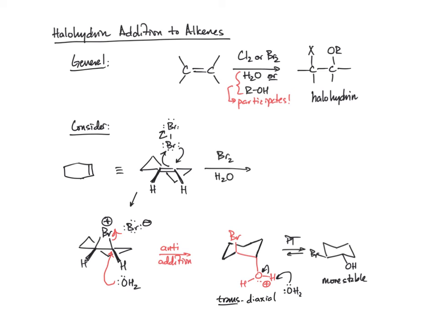To convert this into the flat cyclohexane, we have our bromine up, we have our alcohol down, so that's how we would represent it.